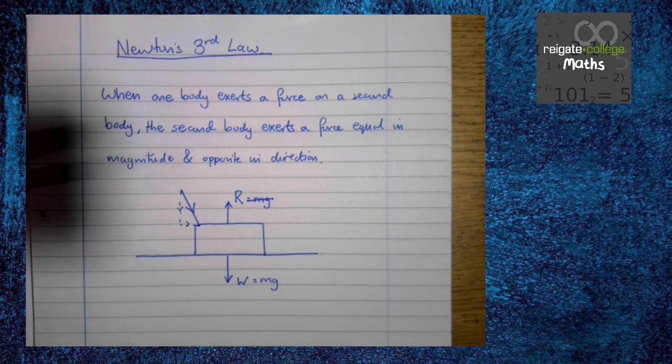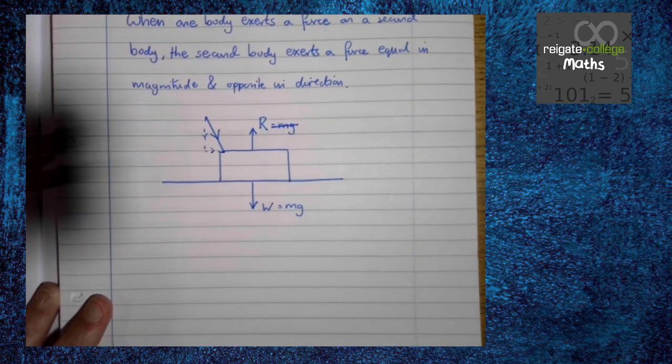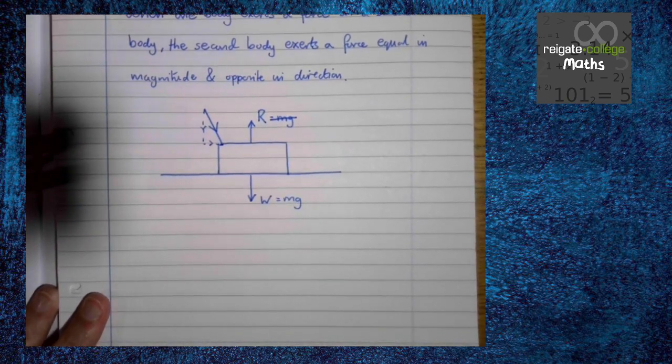It's really useful to use not only in questions like this, but in some examples that we're going to look at in a minute. One of the key applications of Newton's third law is when you look at a tow bar.